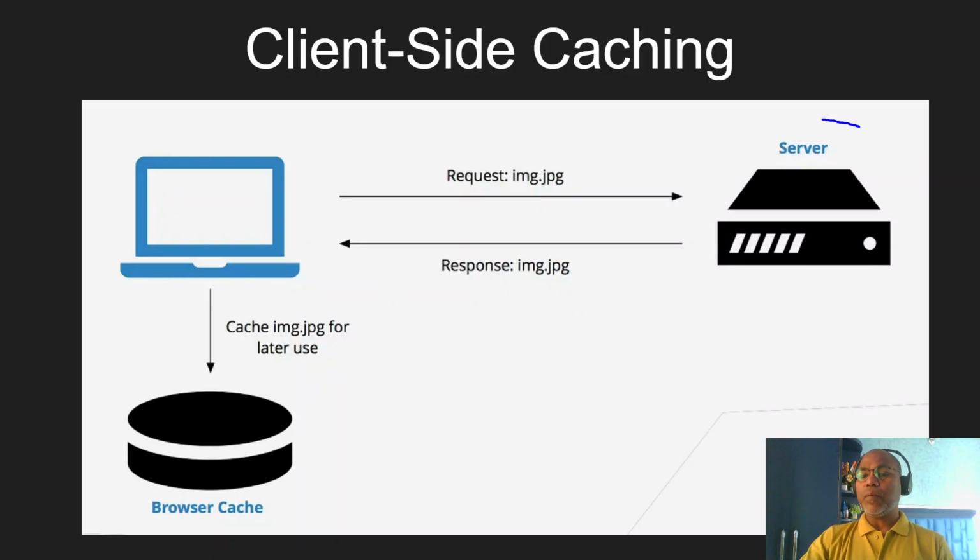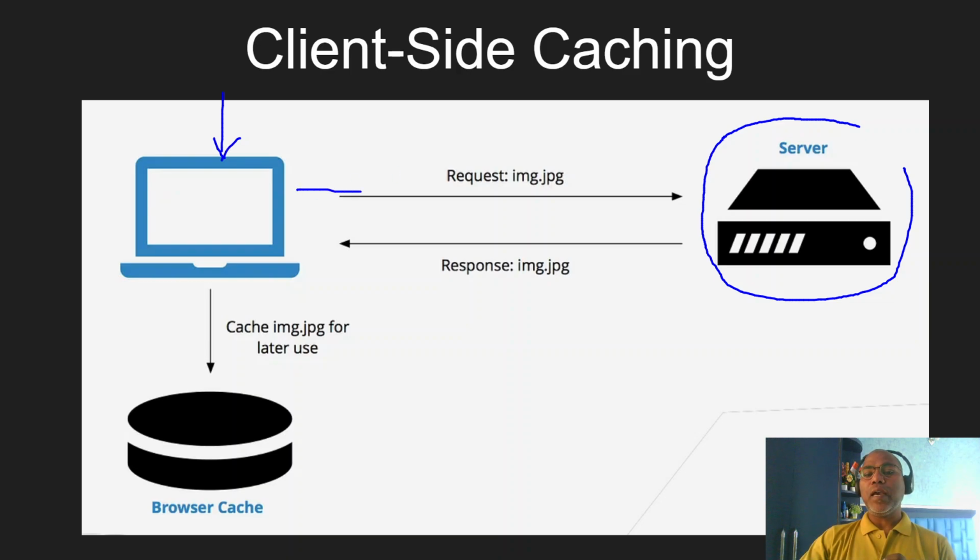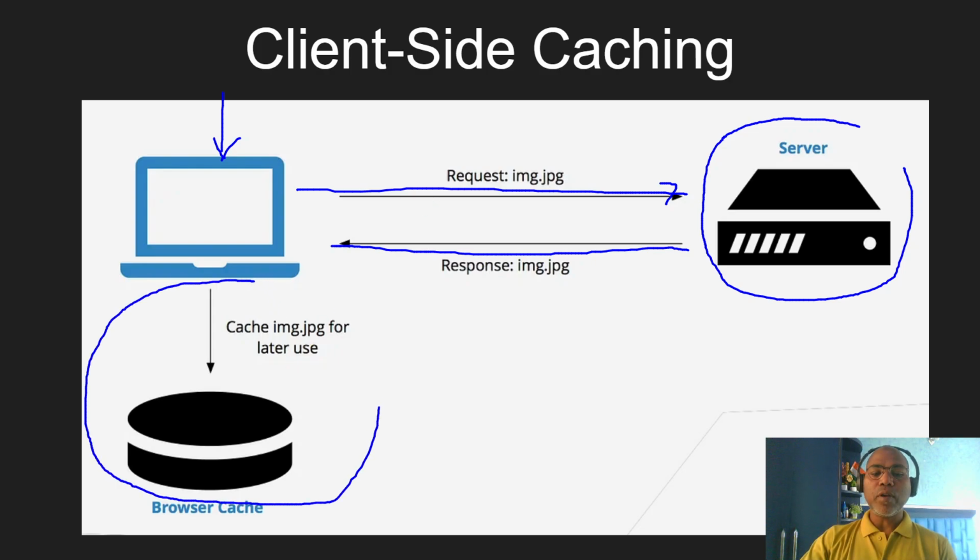So this is our application server. This is my customer or user requesting, saying, I need a particular image. The server responds with the image. Next time again they say, I need the image. So instead of that, why not store this image in the local cache memory, the browser cache memory? Next time they get the data from the local cache itself.